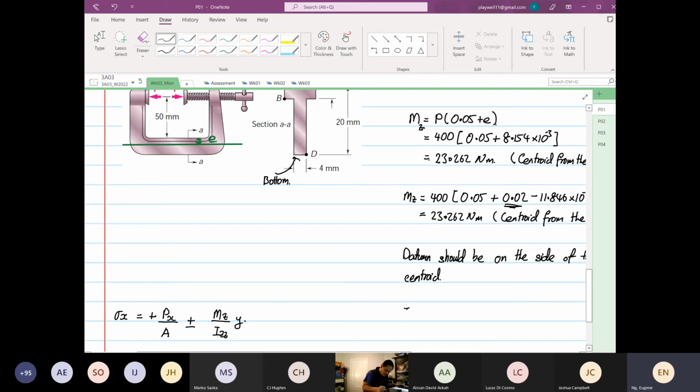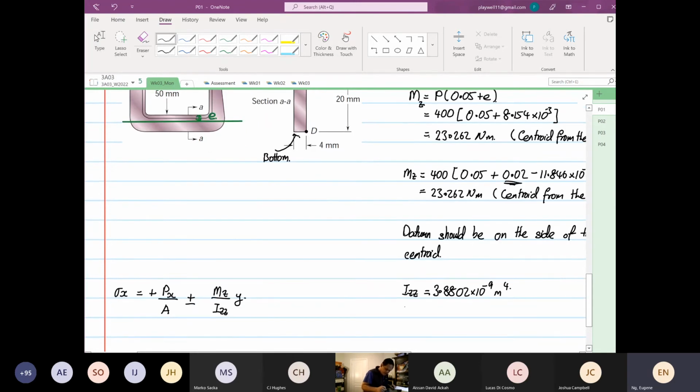Izz, as I said, you all know how to calculate second moment of area now. I'm not going to do the working. I'm going to give you the magnitude, which is 3.8802 times 10 to the power minus 9 meter to the power 4.